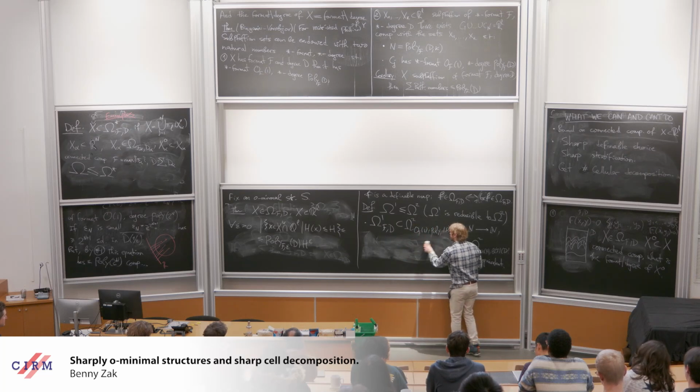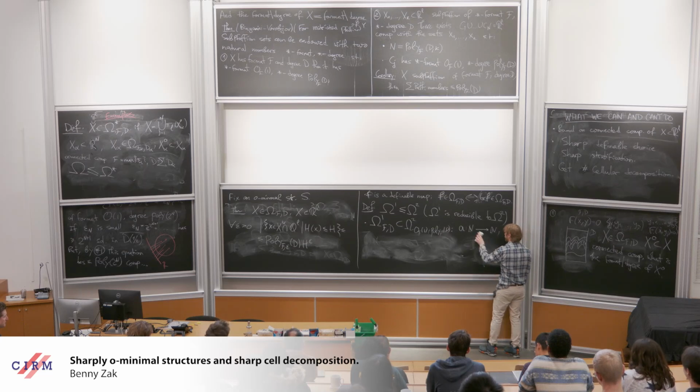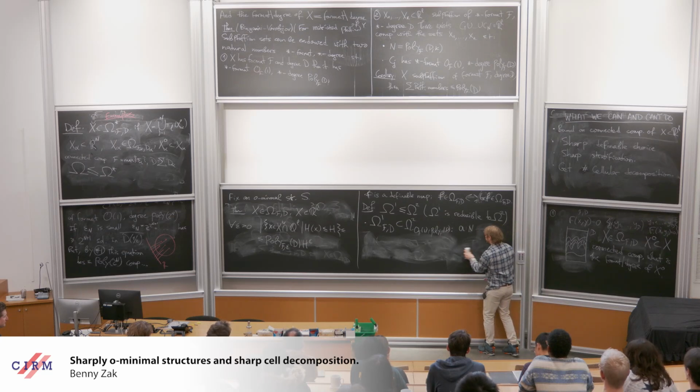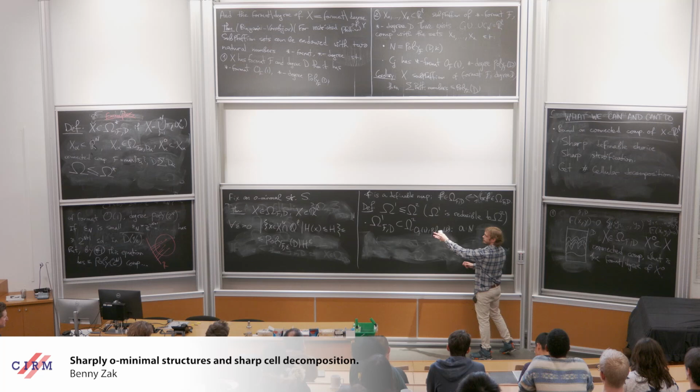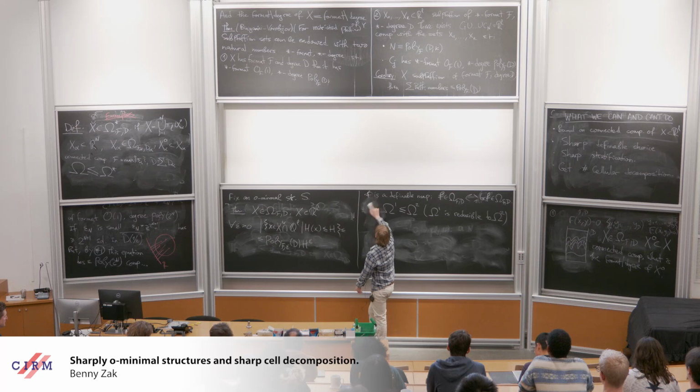It's been written in several places, but there is no proof anywhere. But I will say that there is a theorem like that in a work by Binyamini, Jones, Schmidt, and Thomas, just for the restricted subanalytic structure. And the same proof will work in the general case.